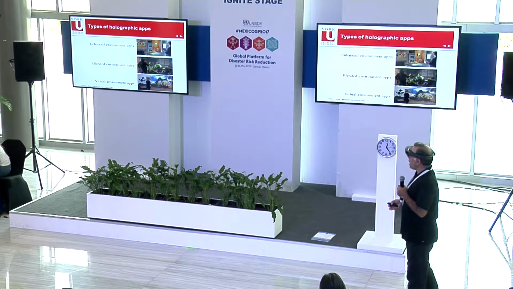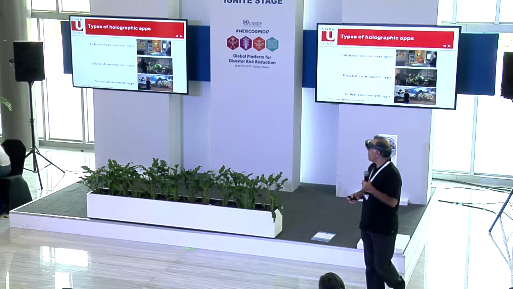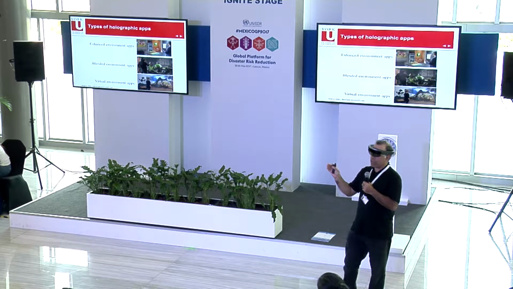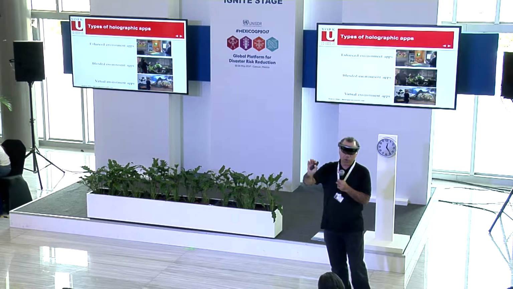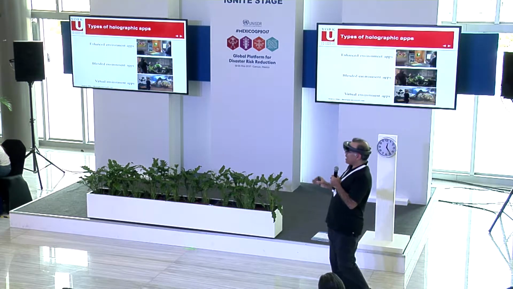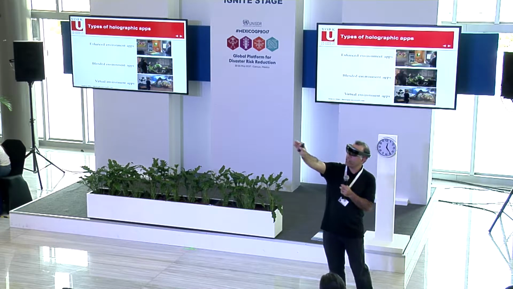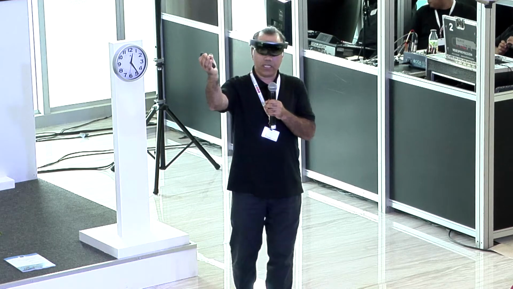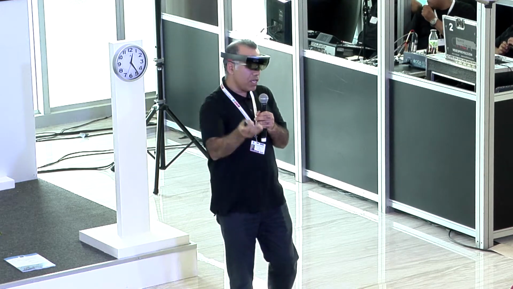There are also apps that are meant to blend the environment, meaning that not only I'm adding objects, but I also add objects on top of, or layers on top of existing layers. For example, I can add a layer on top of that wall or behind that wall so that when you click on it, you will see what is behind that wall.